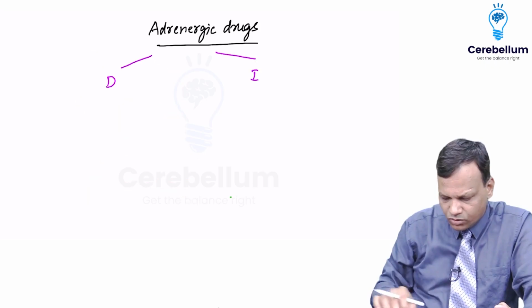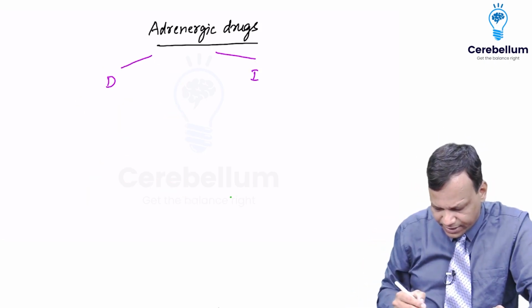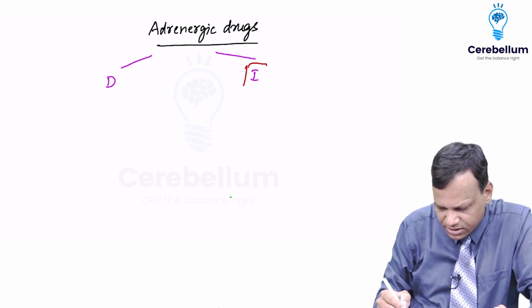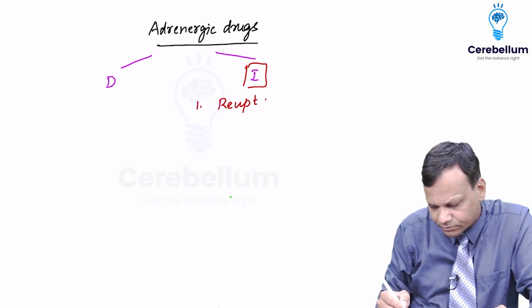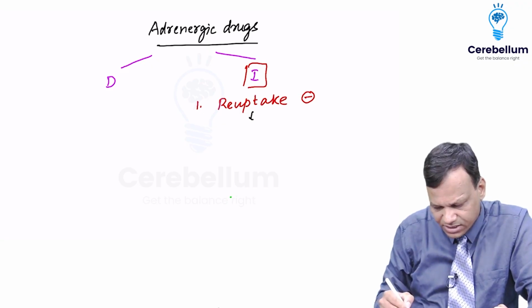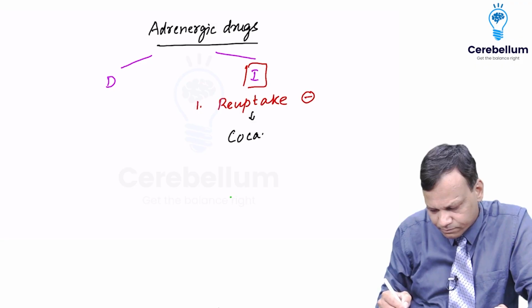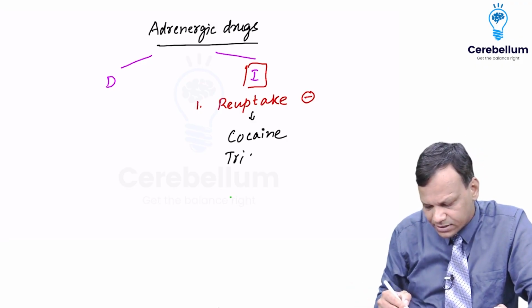Okay. So we will start with the indirectly acting drugs. Indirectly acting drugs, one group we just discussed, act by inhibiting reuptake, and one example we already discussed was cocaine. And there is one more group of drugs known as tricyclic antidepressants.